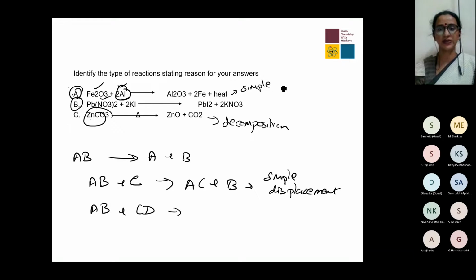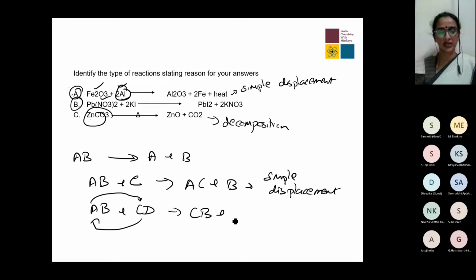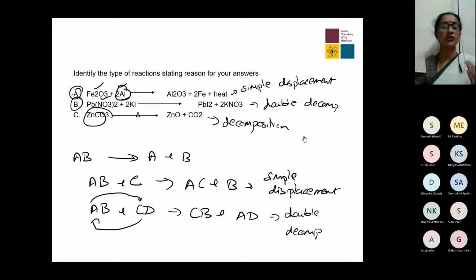So this will be simple displacement. And when you have 2 compounds reacting where their compounds are interchanging the ions, so you have A coming here and C coming here, you will get CB plus AD, and this will be double decomposition. Okay, double decomposition. Any questions on how to identify the type of reaction?